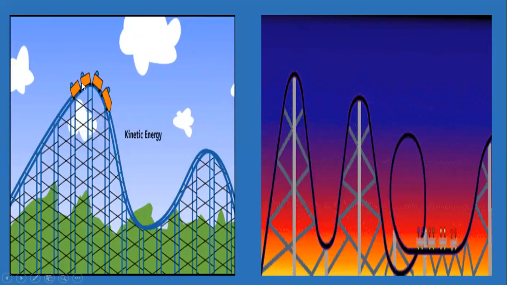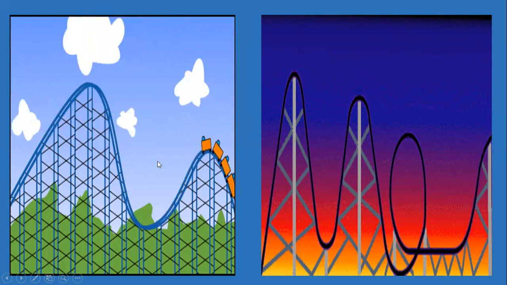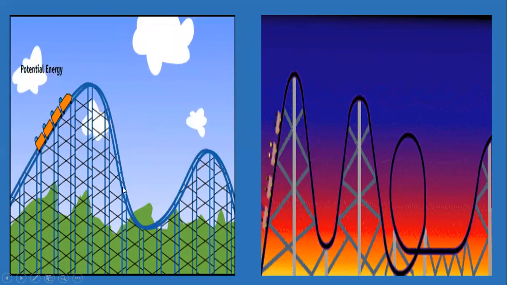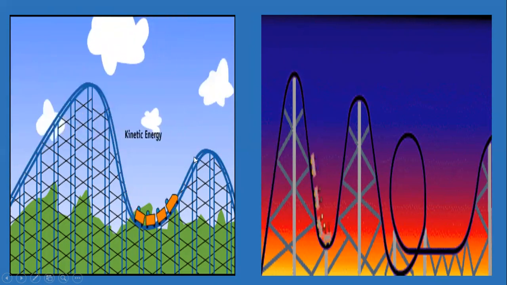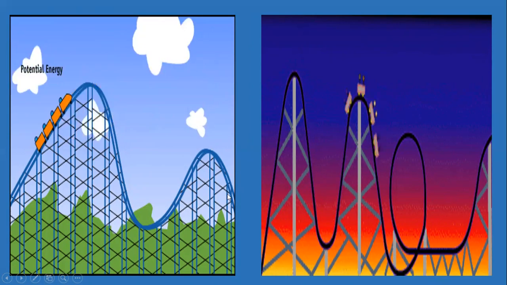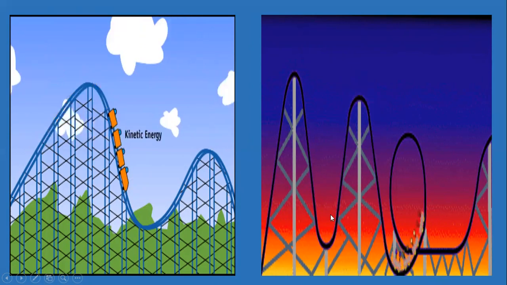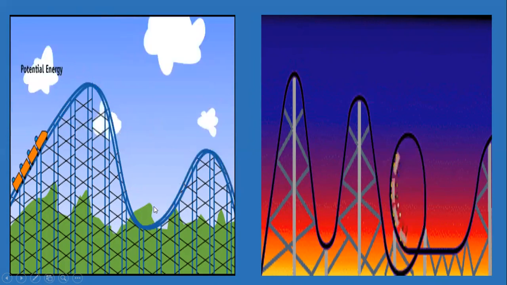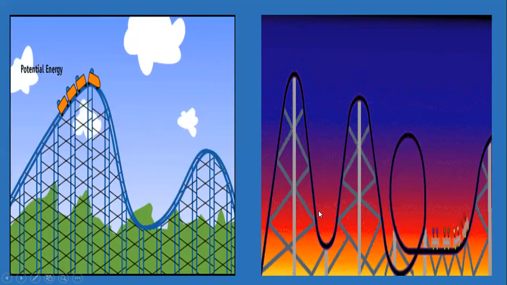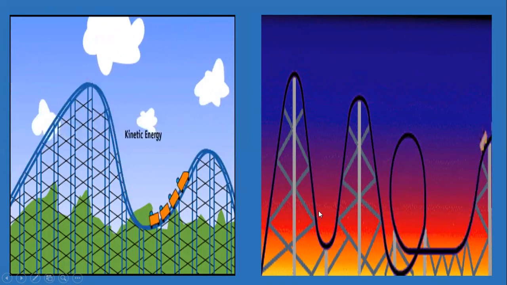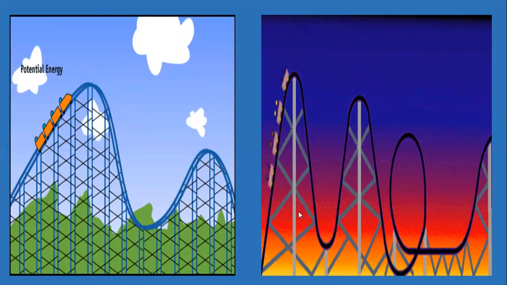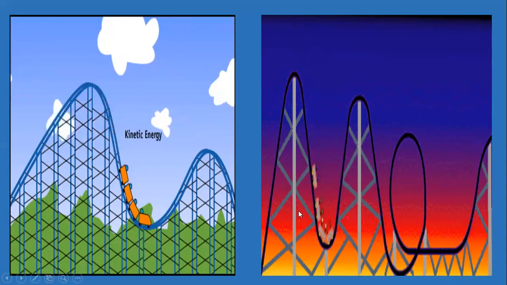Potential, kinetic, then again potential, then kinetic. So continuously it's changing. Like in this picture and in this picture, you can understand why a roller coaster continuously changes potential into kinetic.